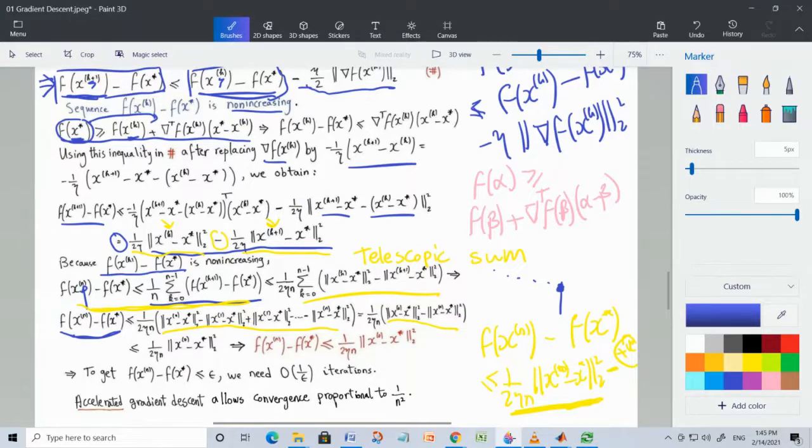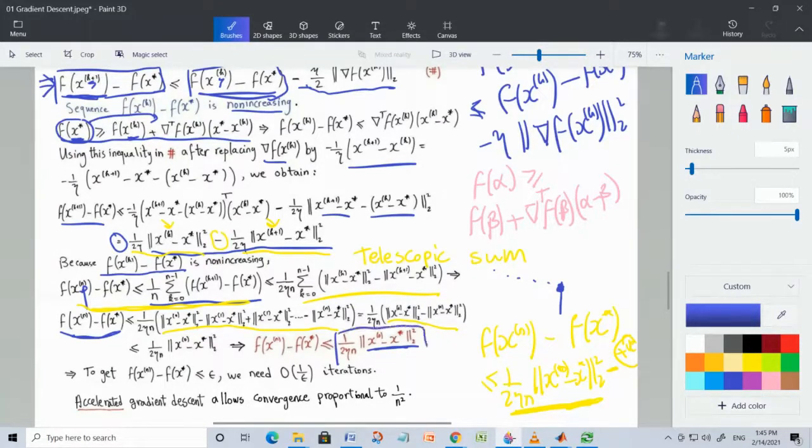We say that basically this quantity is upper bounded by the L2 norm squared of the distance between your very initial point for gradient descent minus x star, which is basically the point in the n-dimensional space at which f of x is minimum, divided by 2 eta n. Okay, so this is basically the idea.